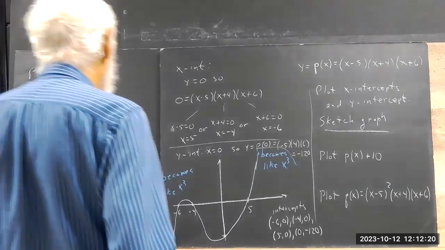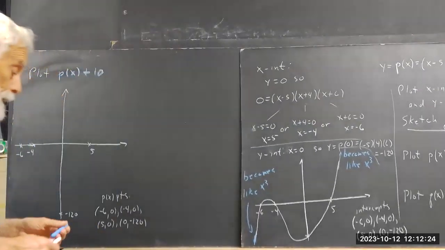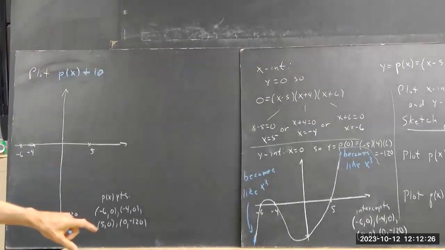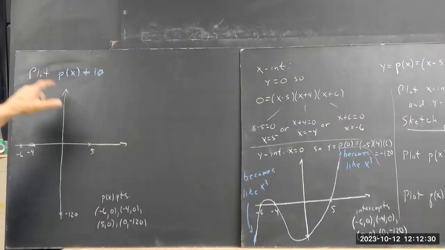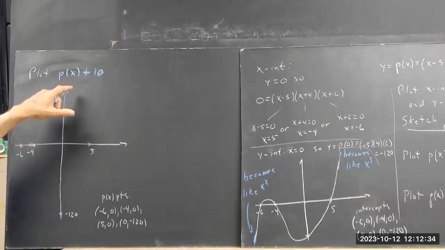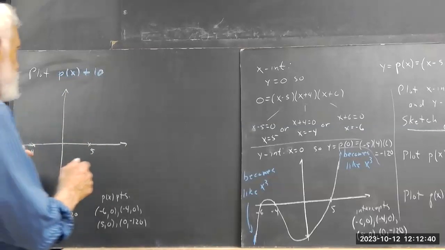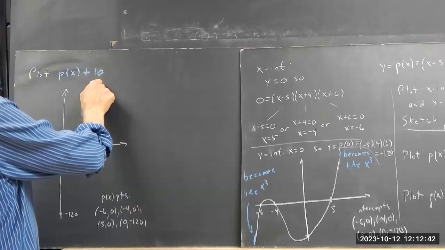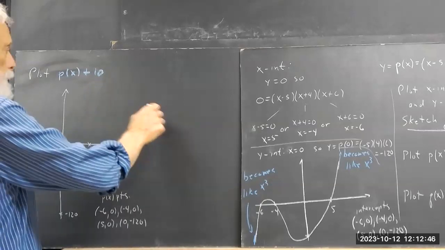Okay, we got a pretty good answer, a real good answer pretty quickly. I said, okay, take the point negative 60. That's on the graph of P of X. What corresponding point would be in the graph of P of X plus 10? Well, it's there right out here.